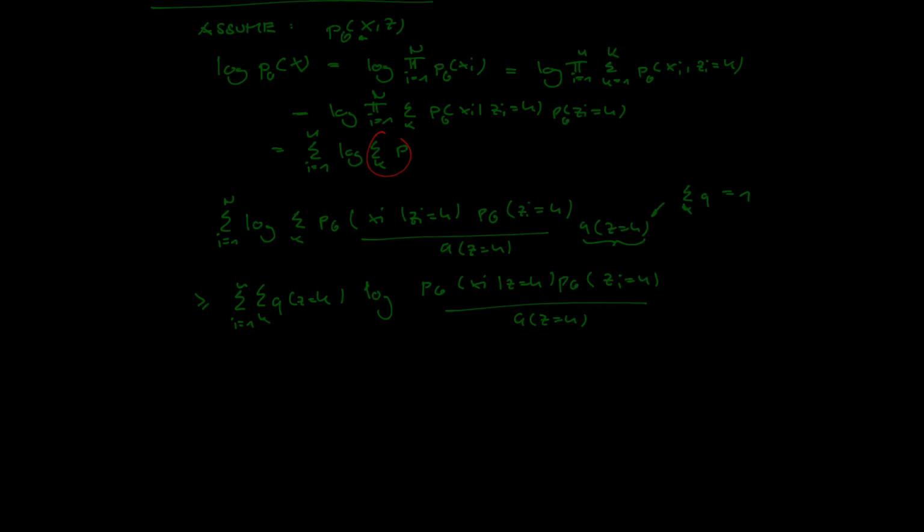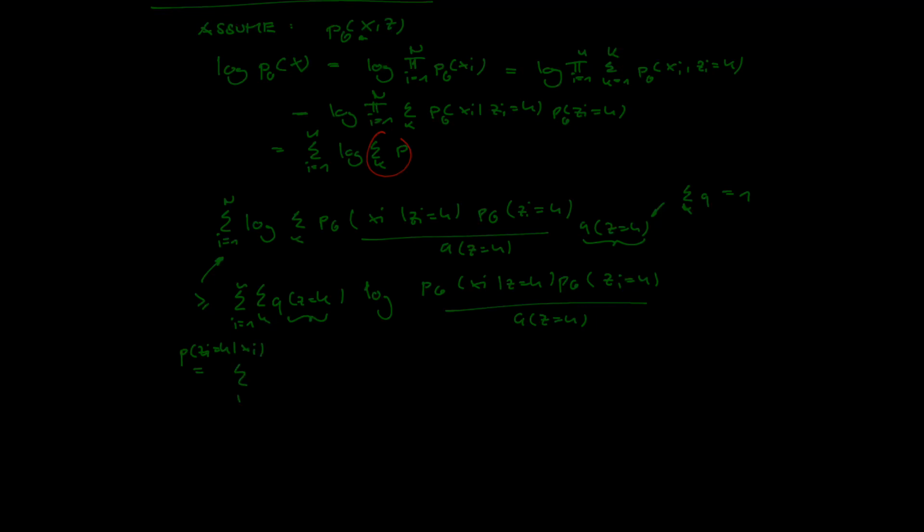So the question now is, how do we decide what is the best q? To get a tight bound, so as close as possible to this term above, we have to choose q to be p of z_i equals to k given x_i.